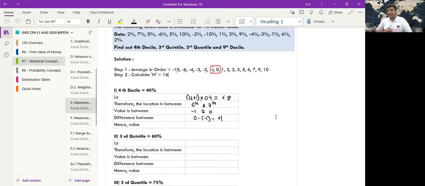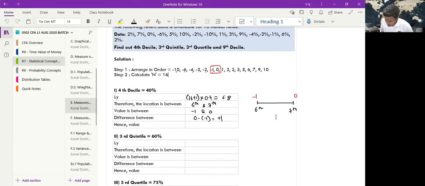So where exactly is the value? Can I say the value is somewhere from -1 till 0? We have an entire gap of one number, between the 6th and 7th. If I plot a diagram here, your 6th number is -1 and your 7th number is 0.